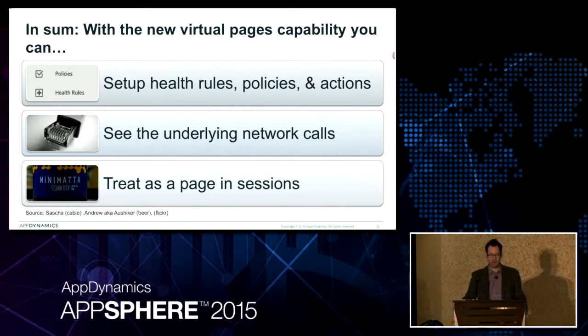Where you see a problem, you can see the underlying network calls and rule them out as a source of the issue, or where there is a problem with BT correlation, you can drill into the back end. And then, as you see in a moment, we're treating virtual pages as a page for purposes of features like sessions. So if you load a session, you'll see a sequence of pages and potentially virtual pages telling you where the user's clicking and how they're behaving.